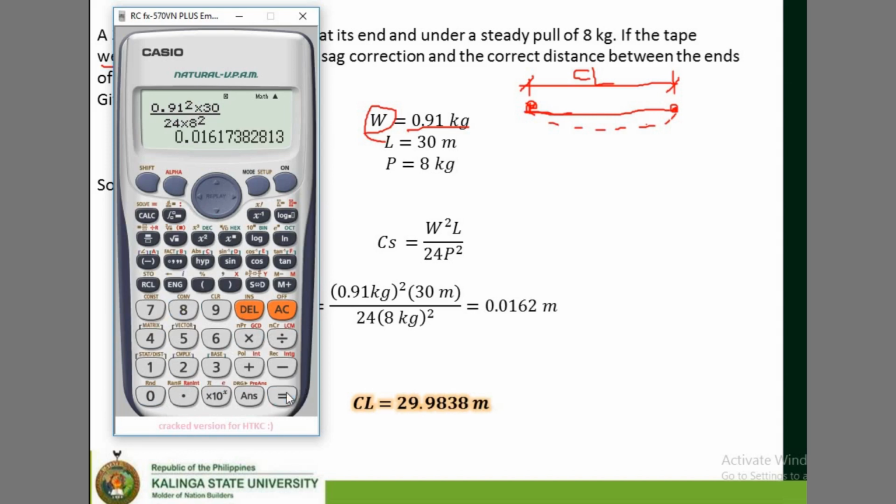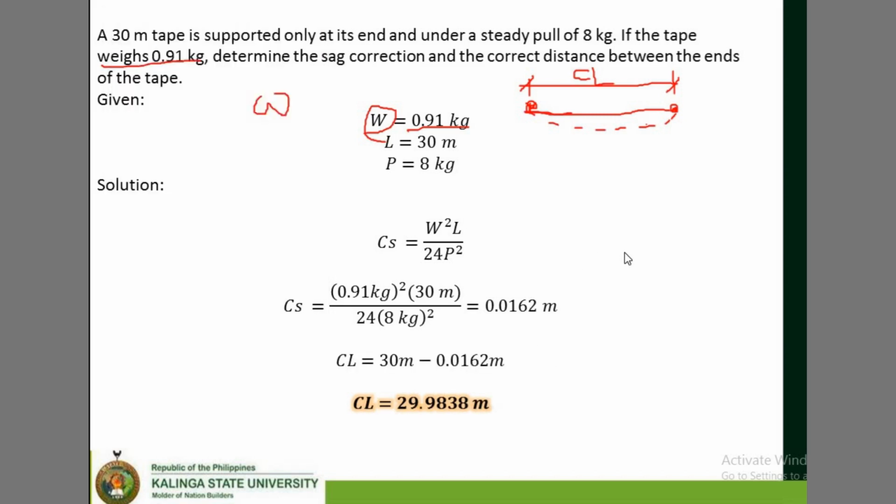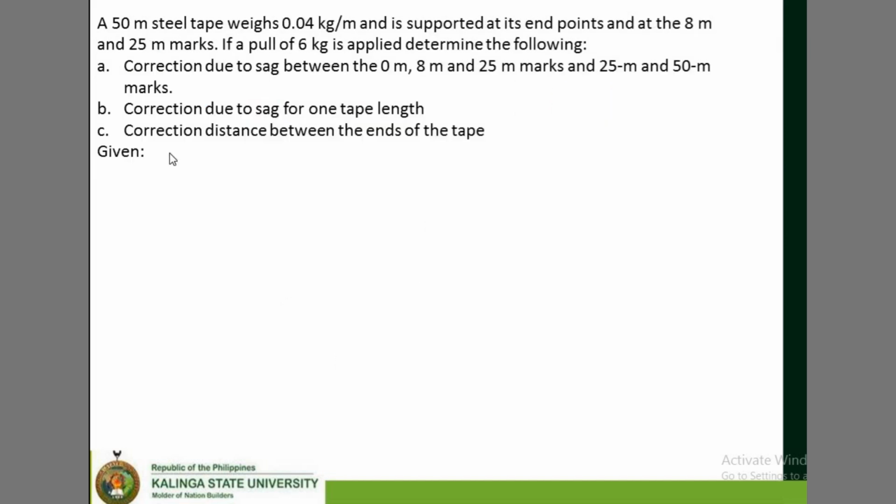That is 0.0162. Again, up to 4 decimal place ang kinonsider ko. So, the corrected length is equal to 30 minus 0.0162. And the final answer now is 29.9838 meters.